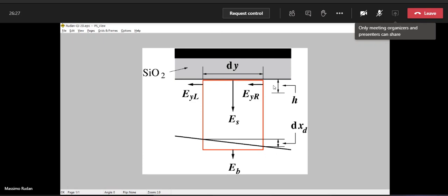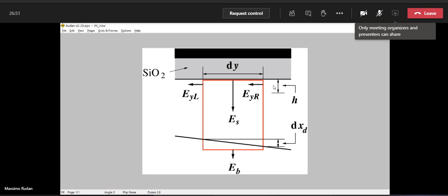Okay, so this is to show the approximations that are involved in the reasoning, whose outcome is that we essentially treat each elementary strip of the channel as if it was a one-dimensional MOS capacitor.